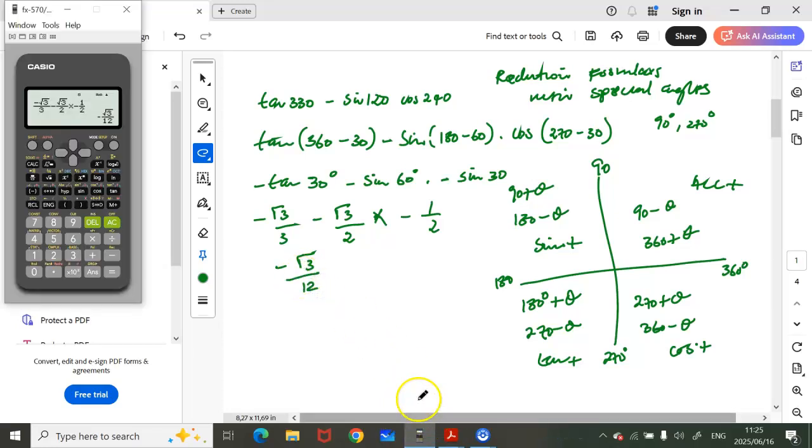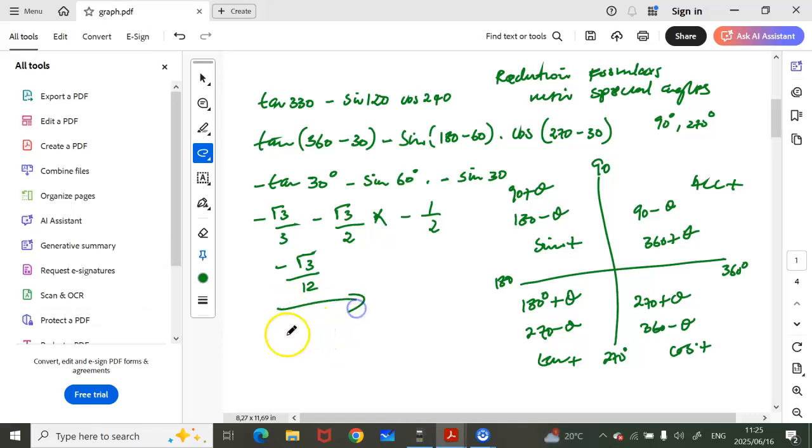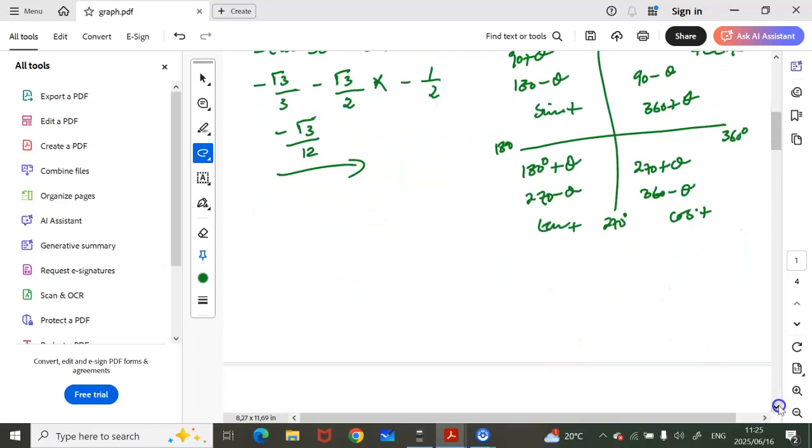That is our answer right there. That was number 1. We continue to number 2.